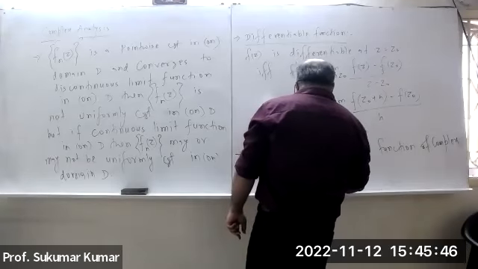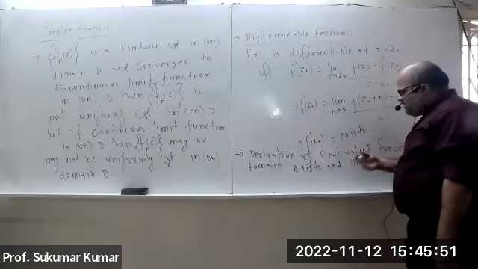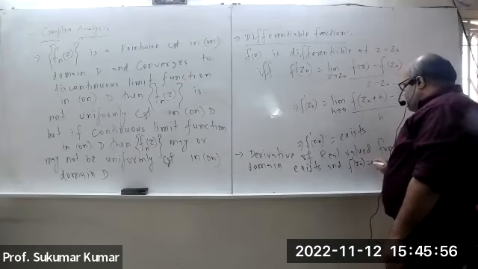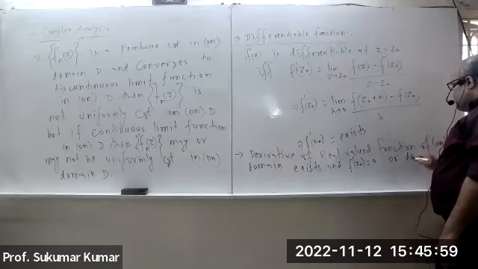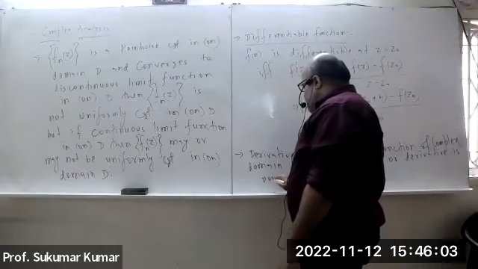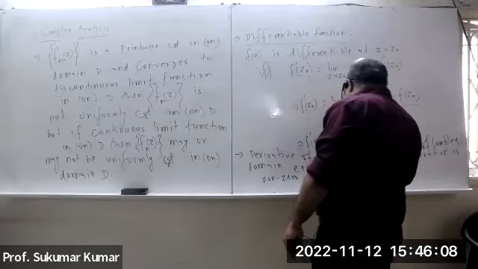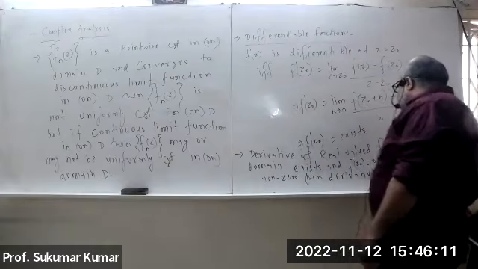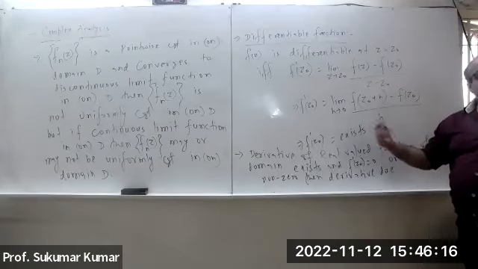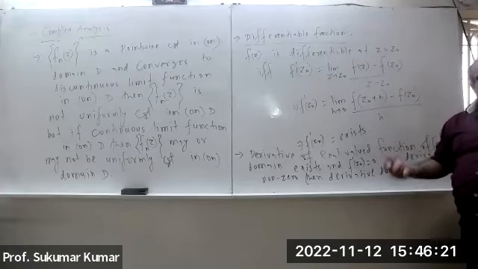If the limit exists and is 0, then f dash z naught will be 0. Or if the derivative is non-zero, then the derivative does not exist. You will see they write either derivative is 0 or derivative does not exist. Derivative 0 means the derivative exists; non-zero coming means it does not exist.